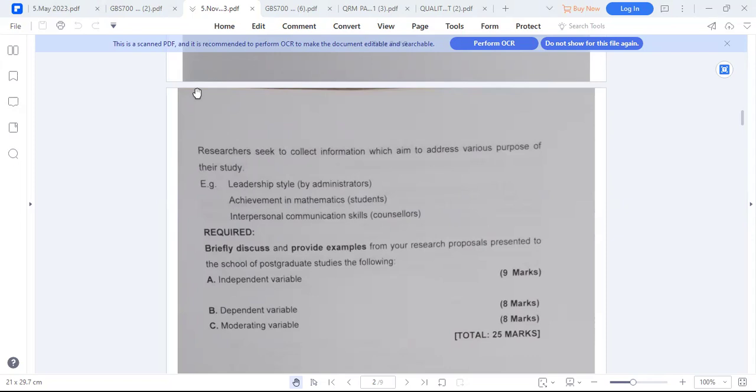Collins, since the question says briefly discuss, it means we're supposed to explain briefly on all these variables, right?